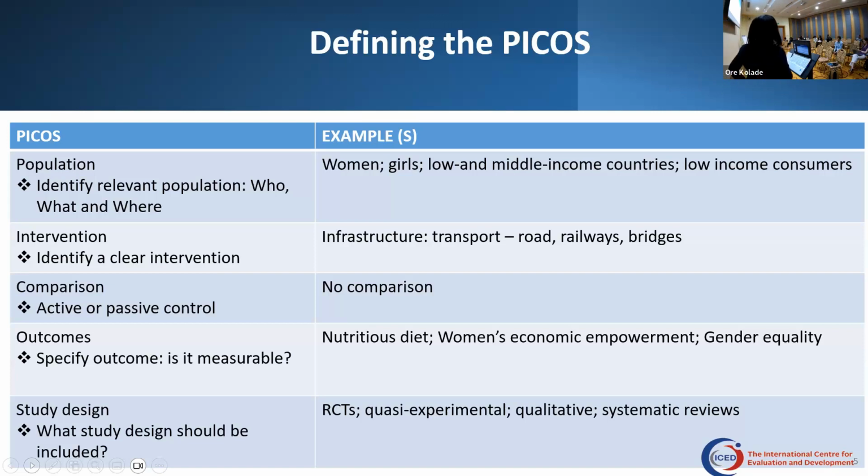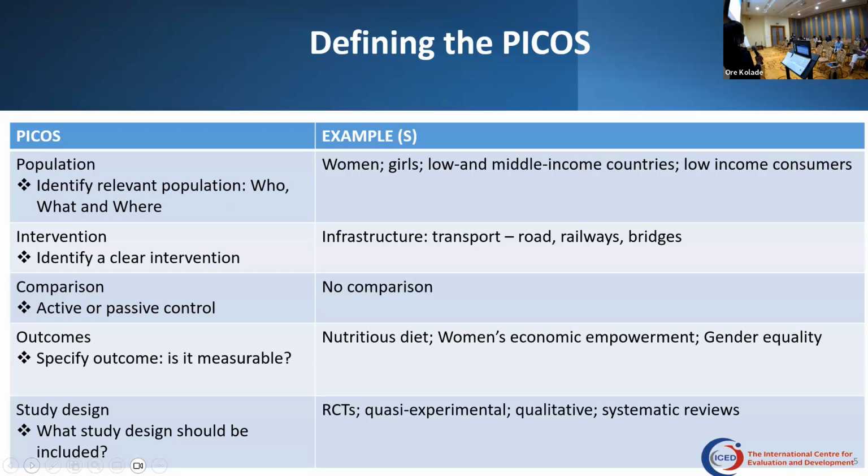Then you come to the comparison. Now, we have no comparison because we're relating this to an EGM where we have no comparison. But for other EGMs that have comparison, we are talking about either a comparison or your control group is active or passive.